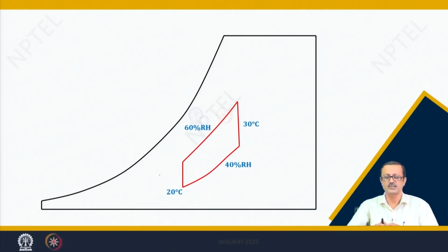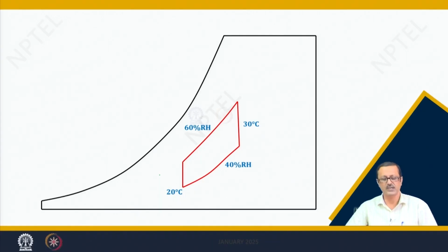Now, there may be several situations inside a closed environment, because of a lot of heat production or a lot of loss of heat. There may be natural ventilation bringing moist air, or a heavy amount of latent heat generation inside the closed air conditions.